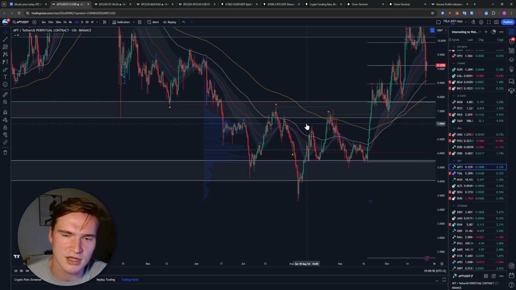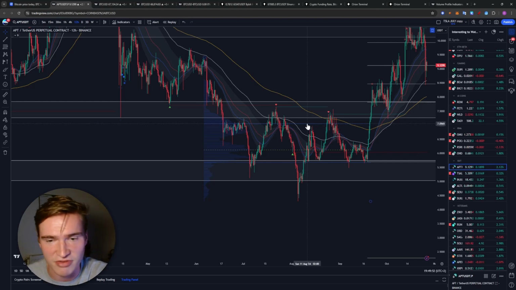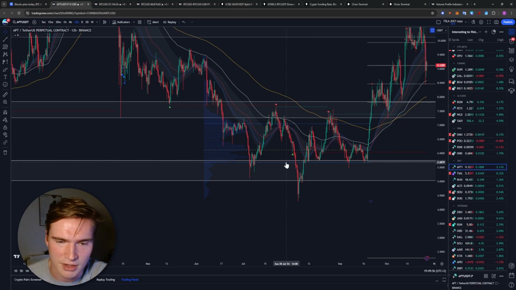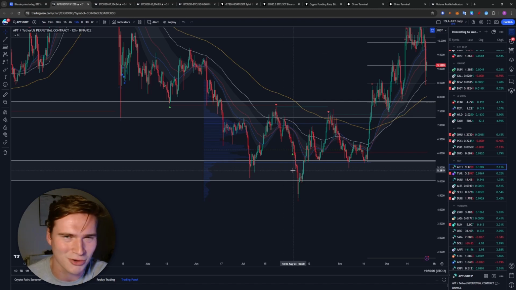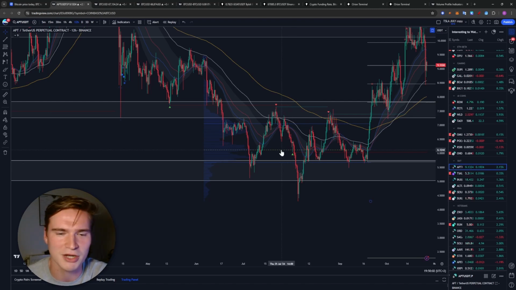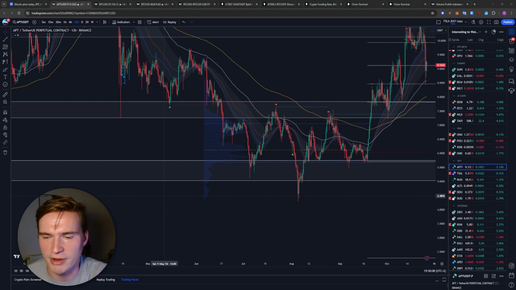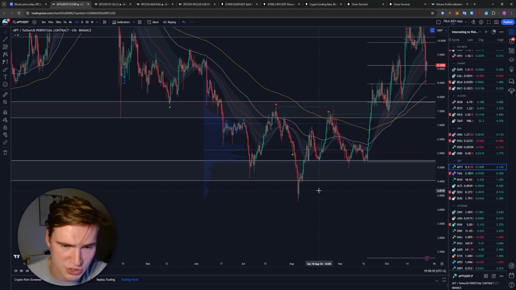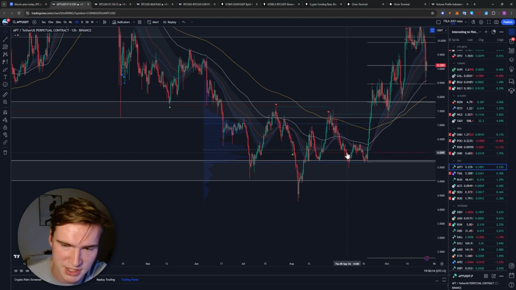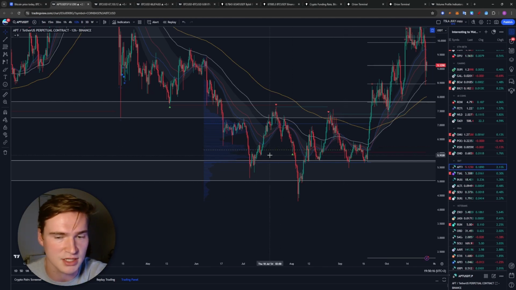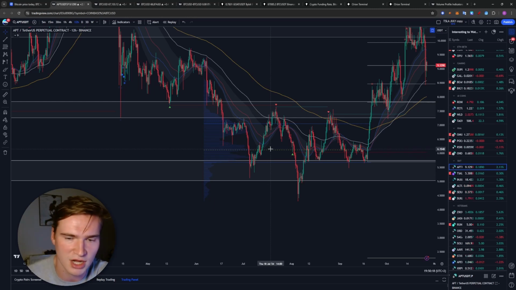You have the VAH, the volume area high, and the VAL, the volume area low. So the high is the upper one, the low is the lower one, of course. And then you have the line in the middle, that's the POC, the point of control. Now, the point of control is basically the area where most of the volume is traded. So that is normally also a respected key level, not always, as you can see, but it's quite respected in this range as well. So that's just a very strong key level.